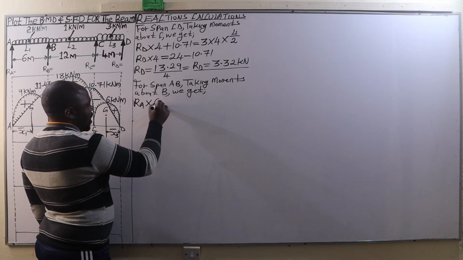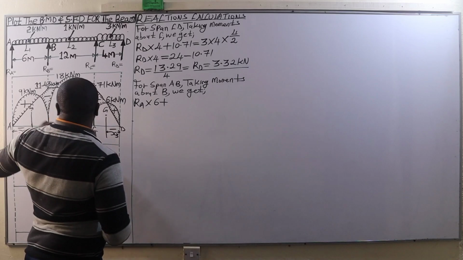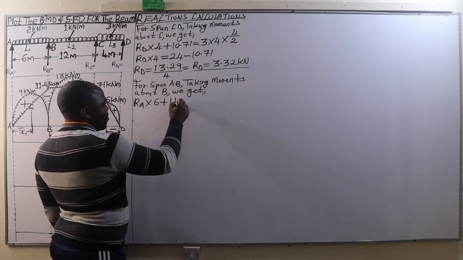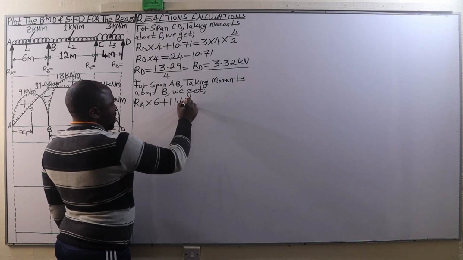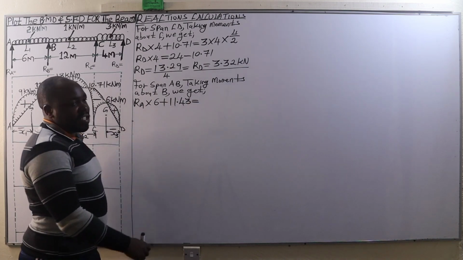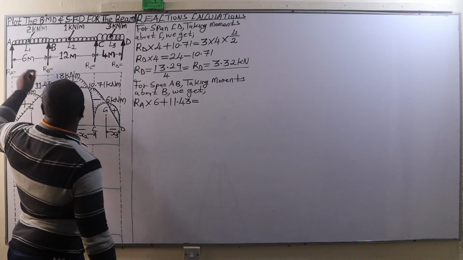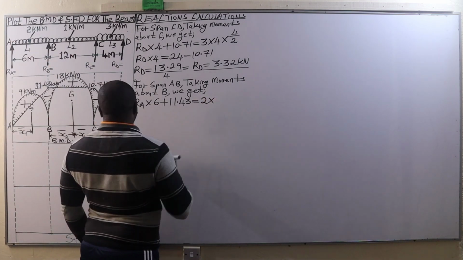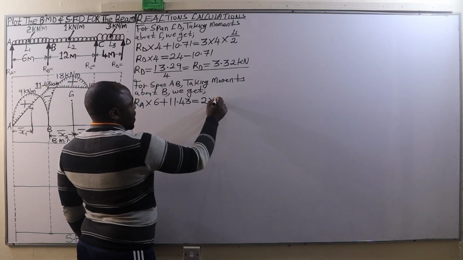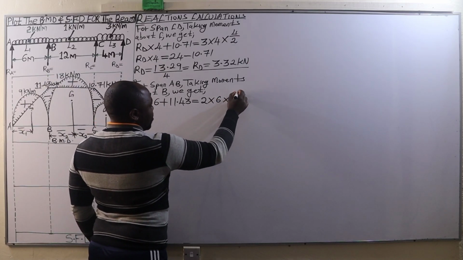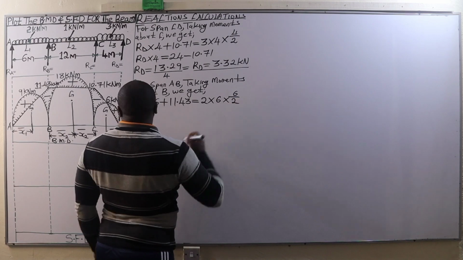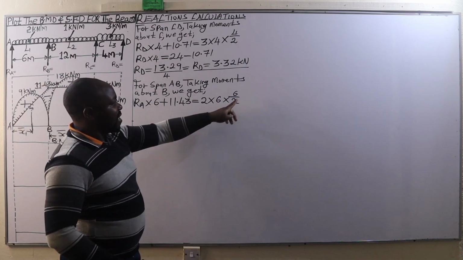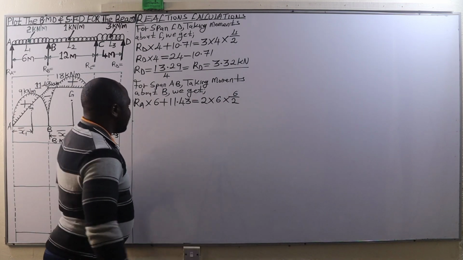Therefore, RA times 6 plus the bending moment at B, which is 11.43 kilonewton meter, is equal to the anticlockwise moment: the 2 kilonewtons per meter UDL times the span over which it is distributed, 6 meters, converted to a point load, which acts at the mid span of A and B, which is 6 divided by 2.